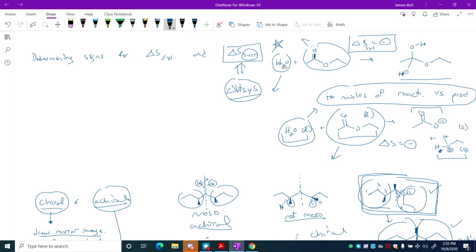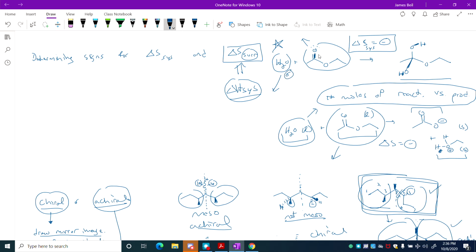I've got to break a sigma bond in the water, but then I form a new sigma bond here, and also a new sigma bond here, because there's no OH bond there. So this oxygen would pick up a hydrogen and form a sigma bond. The OH would come in here and form a sigma bond.